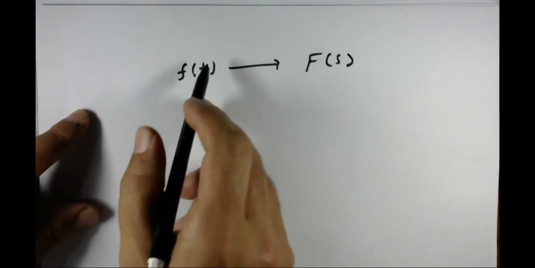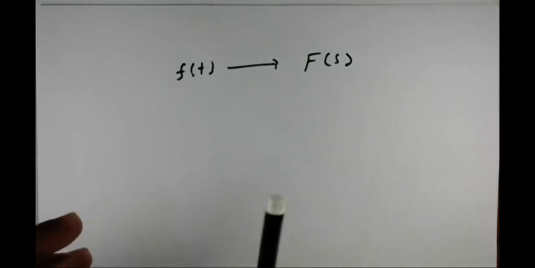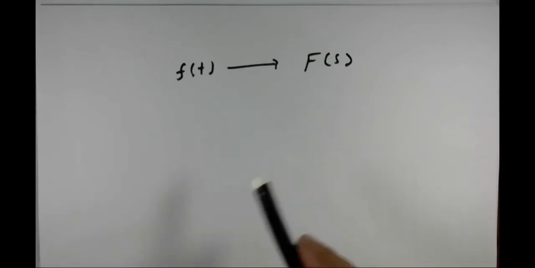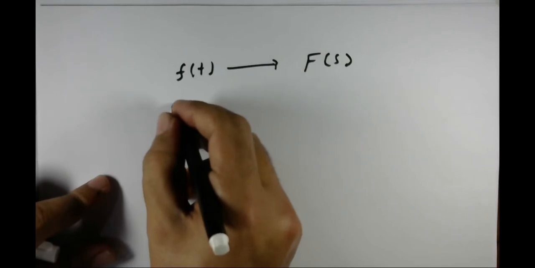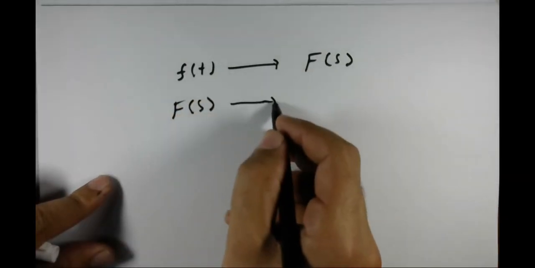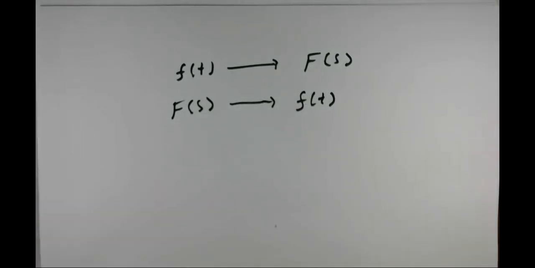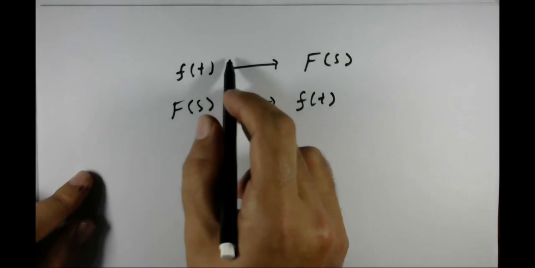You are given a time domain function and you find out the s domain function. Now if you are given s domain function and I ask you to find the time domain function, how does this operation work?